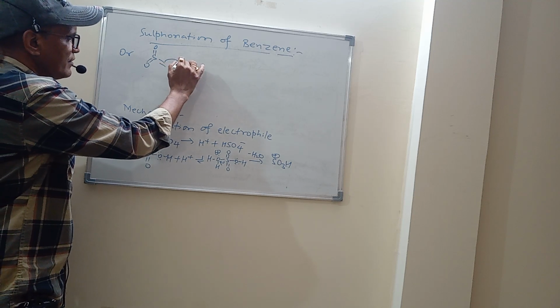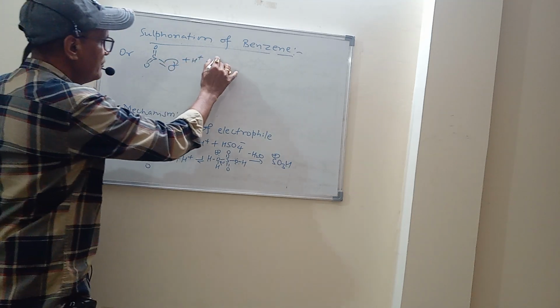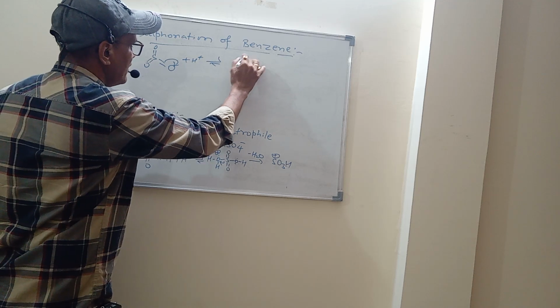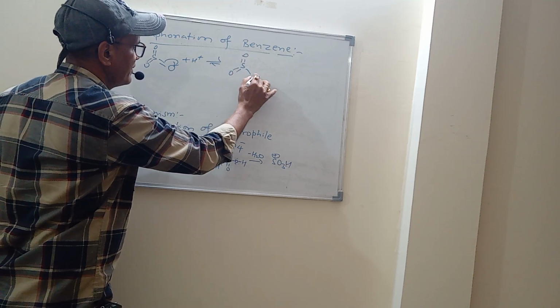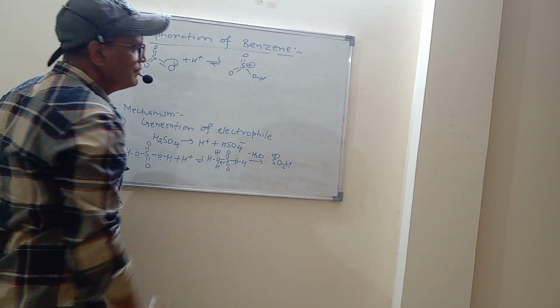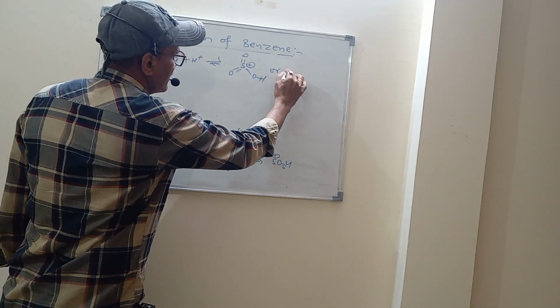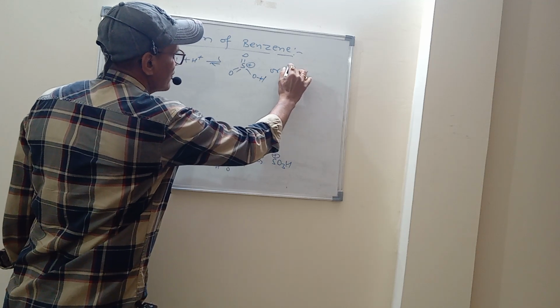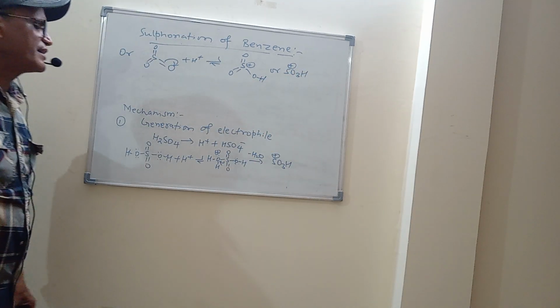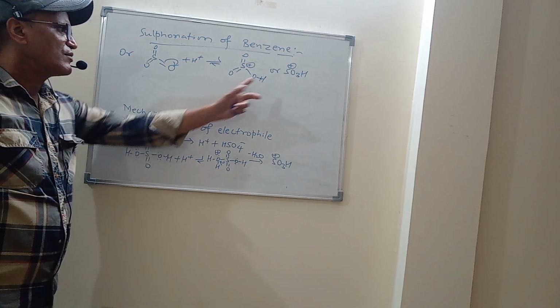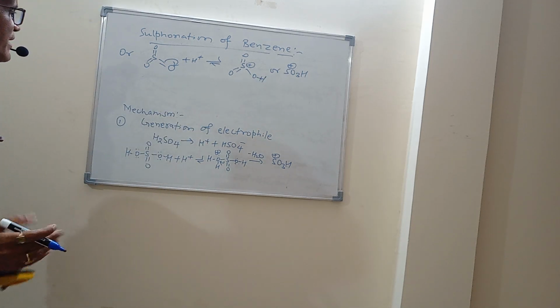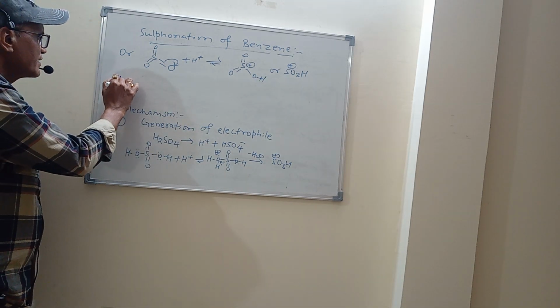For example, this bond we can consider, and we have this one, or it can be written like this also, SO3H, sulfonic acid group. This electrophile is going to target the benzene ring in the second step.